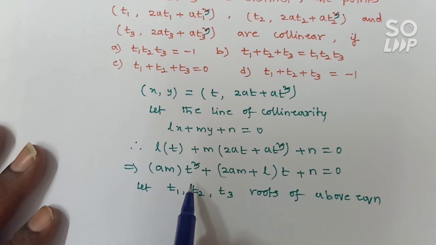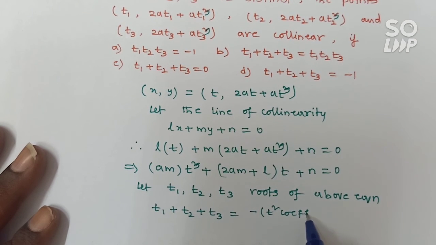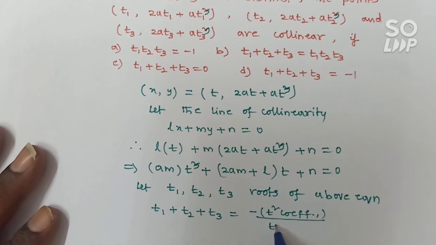Obviously a cubic equation has 3 roots. So the sum of the roots t1 plus t2 plus t3 is equal to minus of t square coefficient divided by t cube coefficient.